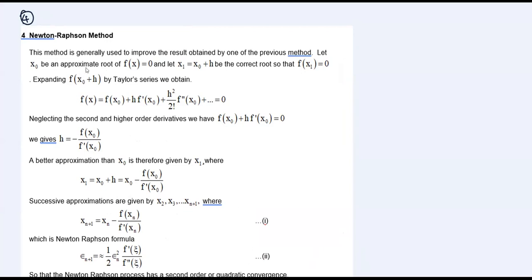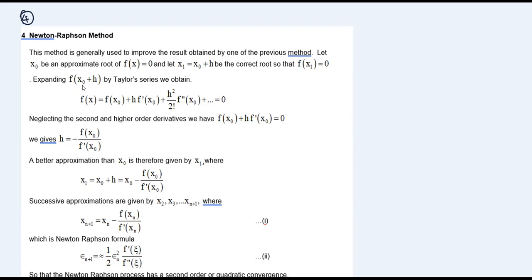Let x naught be the approximation of the root, and let x1 equal x naught plus h be the corrected root, so that f of x1 is equal to 0. So what we do, we expand using Taylor series.